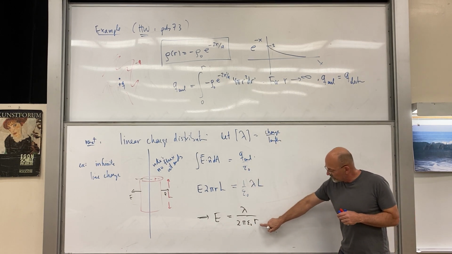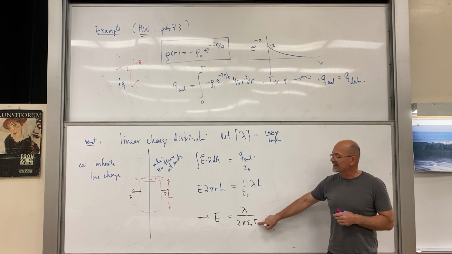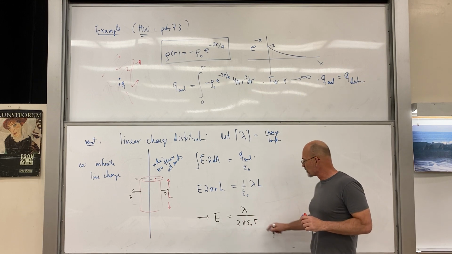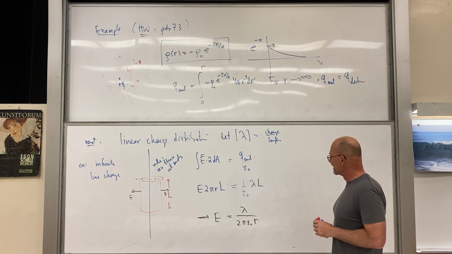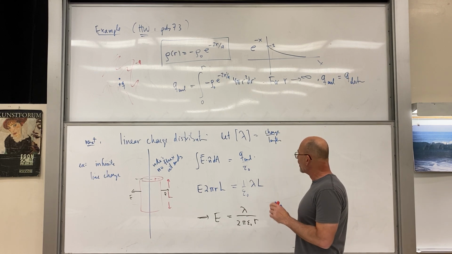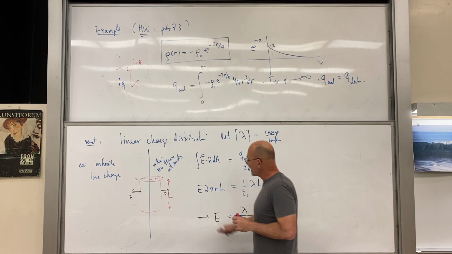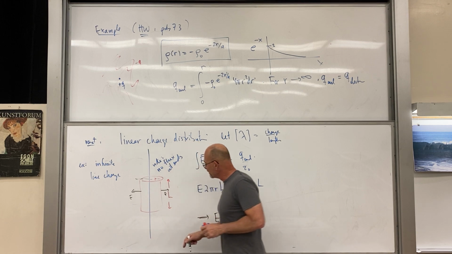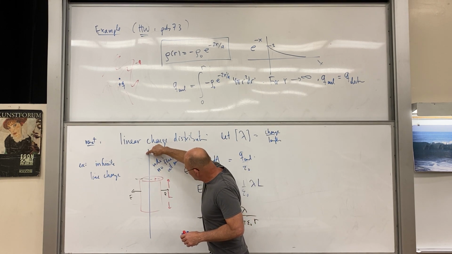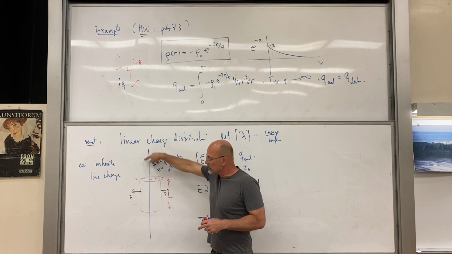What's important here is that we see that we have a 1 over r dependence as opposed to the original point charge 1 over r squared. So yeah, very important result. For you guys, for the homeworks though, we want to ask what would be the situation if we had a line charge, but it itself is on a cylindrical surface.